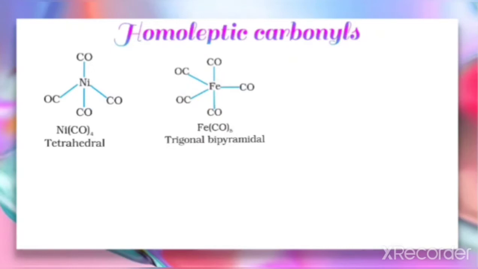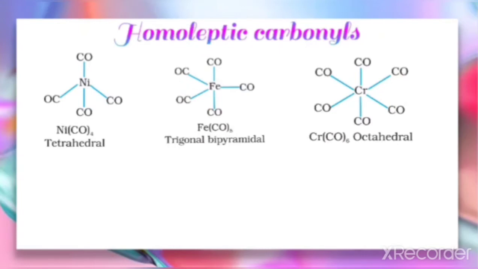Now let us discuss the next example, hexacarbonyl chromium(0). Hexa because 6 carbonyl groups are there. Chromium is the central metal atom, and here also chromium has a 0 oxidation state. The name of this compound is hexacarbonyl chromium(0), and it has an octahedral geometry.